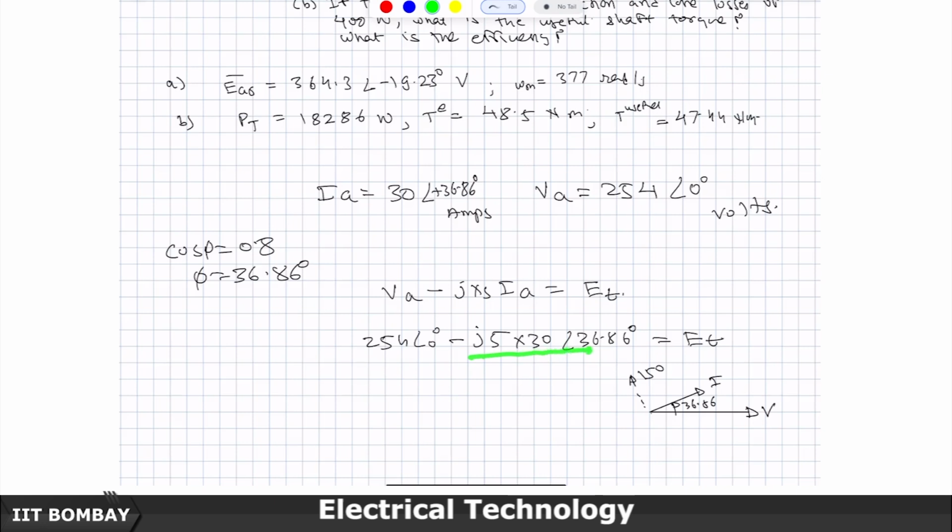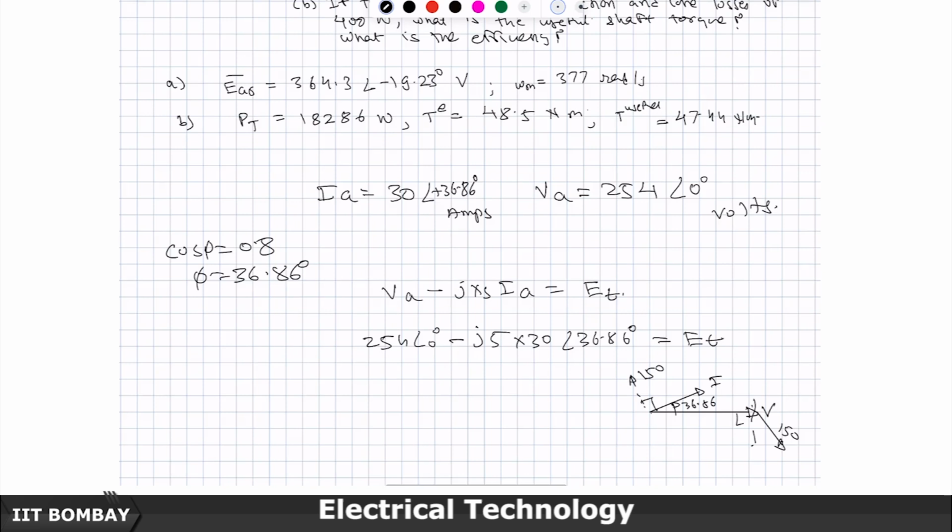Positive j 150, further moving 90 degrees ahead of 36.86. So if I have this with minus sign here, then the same thing I should write minus of. So this is 150 angle here and these two lines are basically parallel. So this is 90 plus 36.86.